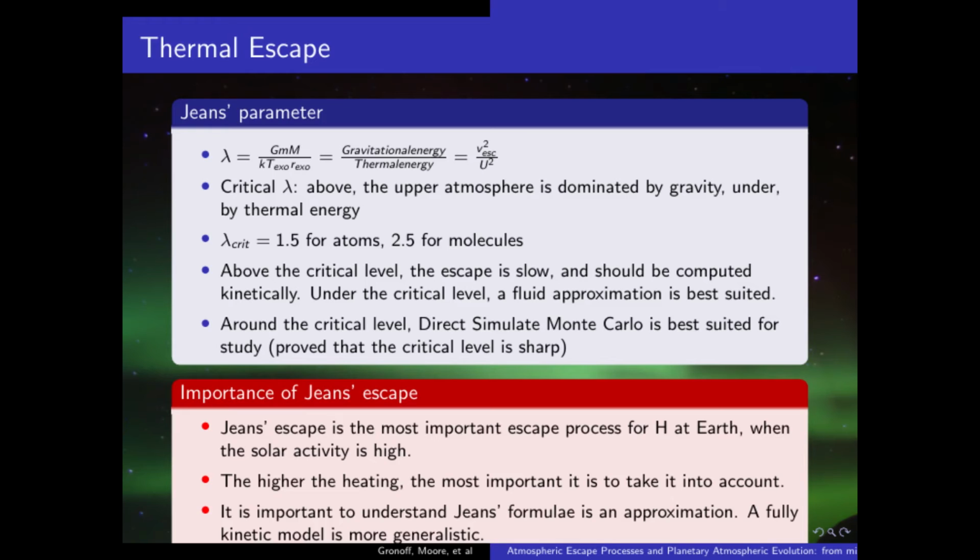If we are under, it's dominated by the thermal energy and we are likely in hydrodynamic escape. This critical parameter is different for atoms and molecules: it's 1.5 for atoms and 2.5 for molecules. So around the critical level, some direct simulation Monte Carlo models are needed.